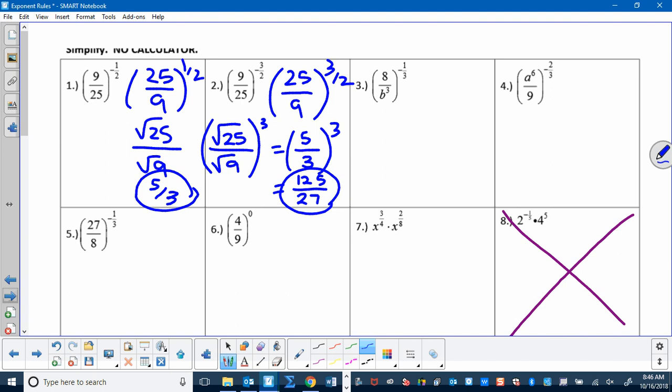What do you do with number 3? You have a negative on the outside. Flip it. So it's b to the 3rd over 8 to the positive 1/3 power. What does the 1/3 power really mean? A cube root, right? So it would be like the cube root of b to the 3rd. Guys, what happens with a cube root and a 3rd power?